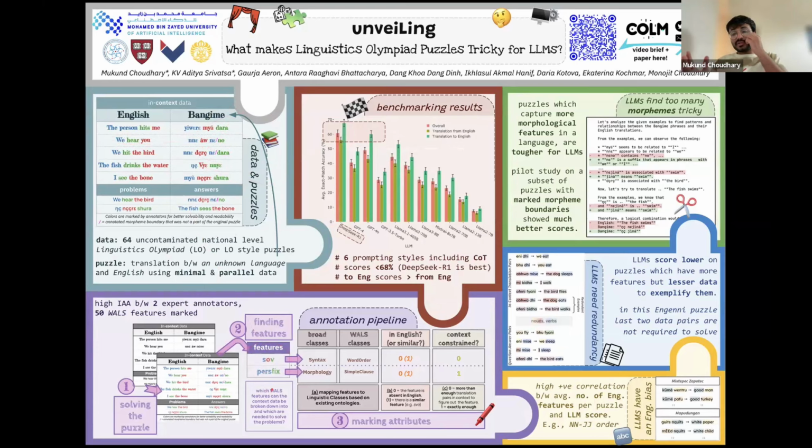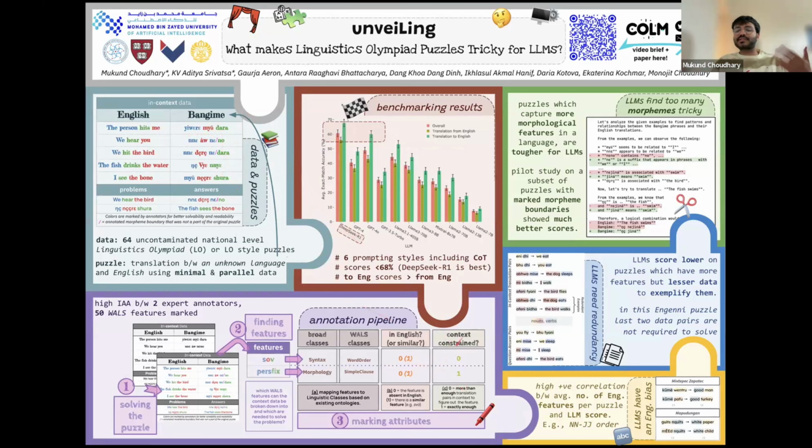And then we classify it into different categories like syntax, morphology, all the linguistic categories. We also annotate whether this feature is present in English or is similar to something present in English. And finally, we check how much data is present in the puzzle reflecting that understanding. For example, word order is reflected in all of these examples, so you have 100% redundancy.